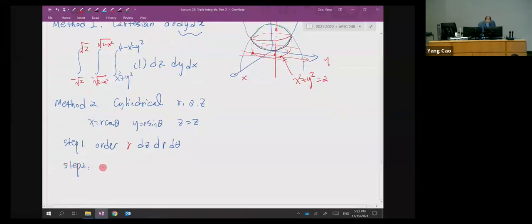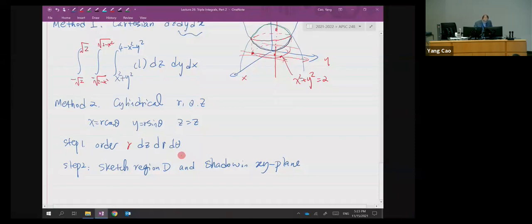And then the second step. The sketch step is still that you need to sketch the region D and the shadow in the XY plane. The reason is we need this region to figure out the Z limits. We also need the shadow in the XY plane to figure out the r and theta limits. Okay.